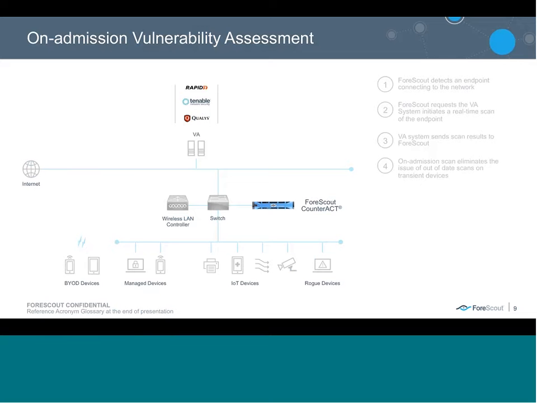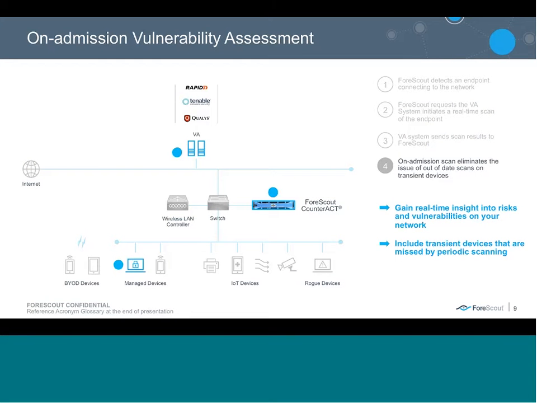And if you watch, ForeScout detects an endpoint that connects to the network. It requests the VA system to initiate a real-time scan of the endpoint. The scan results are sent to ForeScout.